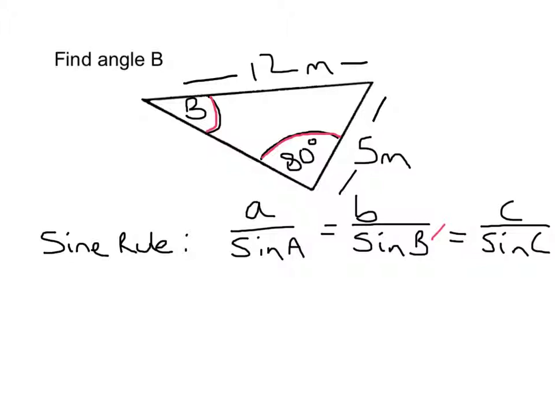If we say that we've got angle B here, then we've been given length b, and I can tick that off. We've also been given this 80 degrees, and I'll say that's A, so we'll tick off sine A, and the corresponding side is 12 meters, so I can tick off length a as well.